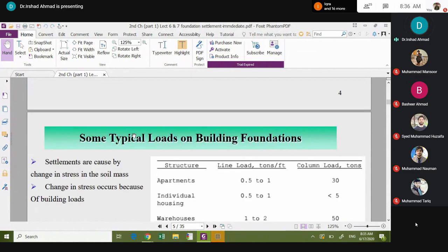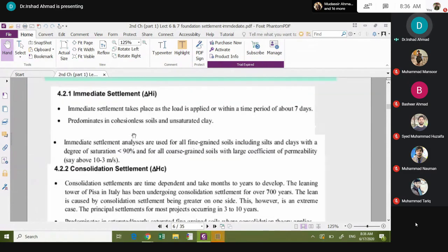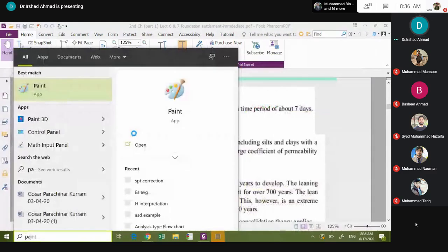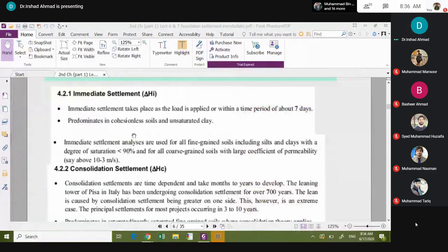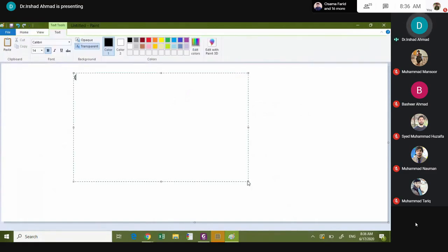Let's discuss what types of soils those are in which primary consolidation or the different types of settlement govern. As I said, we have first the immediate settlement.